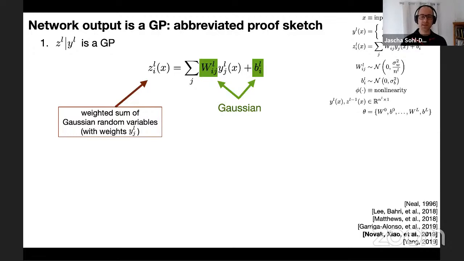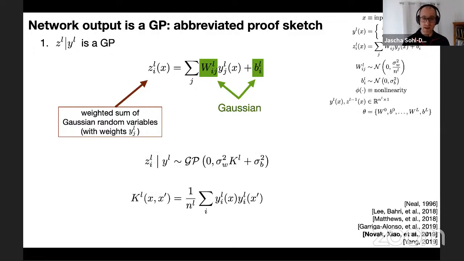People sometimes get a little confused about this, so I'd like to emphasize here that the ZL are a Gaussian process because the weights and biases are Gaussian. We're not assuming that activations in the previous layer are Gaussian, and we haven't yet taken anything to be infinitely wide. This is exactly true even for finite width.